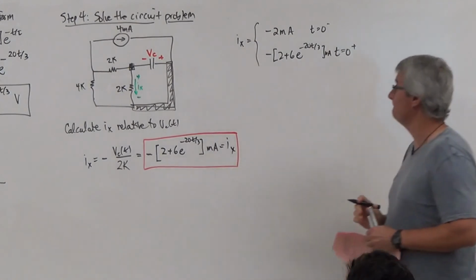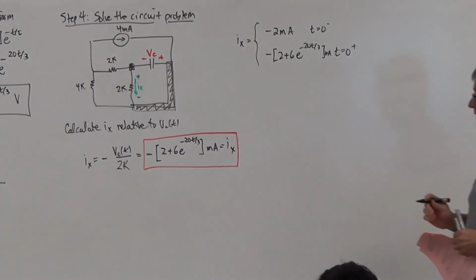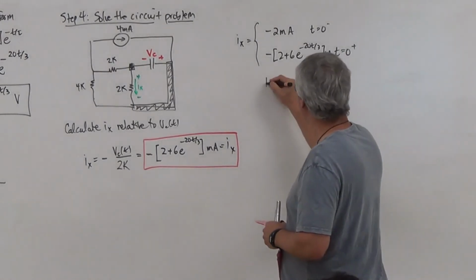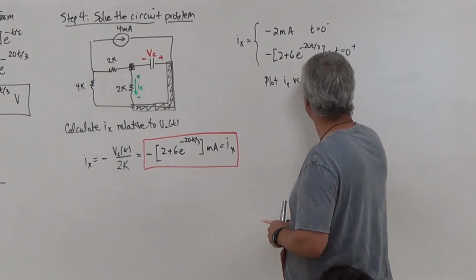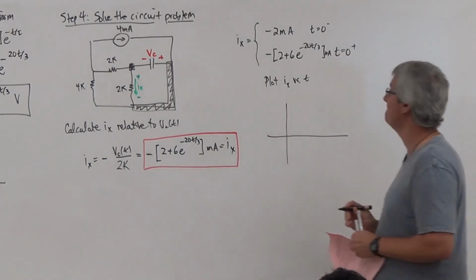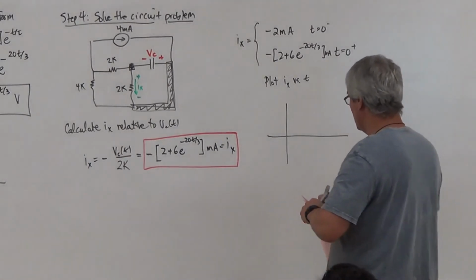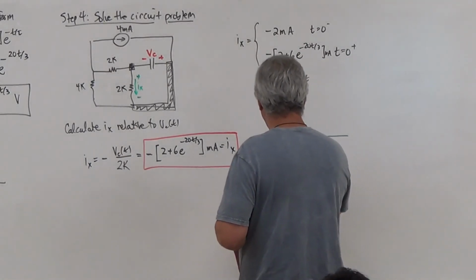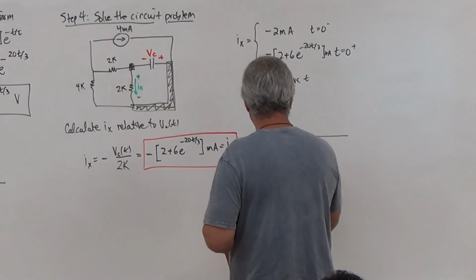So when I look at this here, let's draw the plot out here. So I'm going to plot Ix versus t here. So when I plot this thing here, what am I seeing here? Well, at 0 minus, it's at minus 2 milliamps. So I'm going to come in here and I'm going to say, okay, here's minus 2 milliamps.